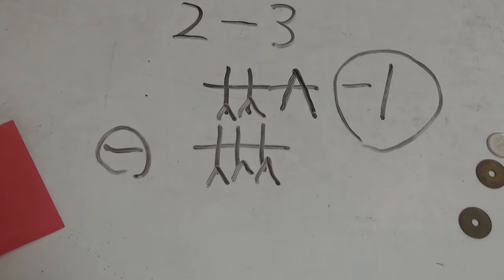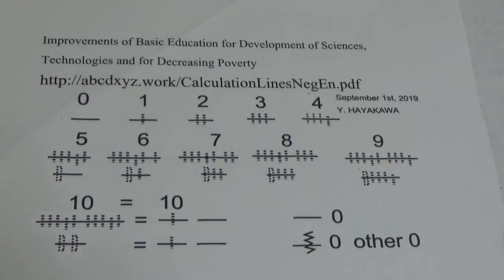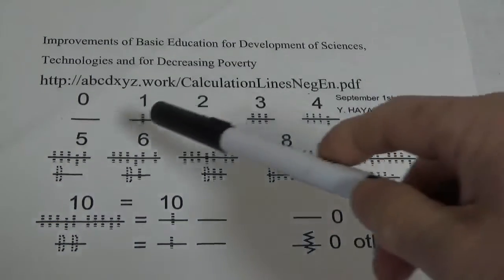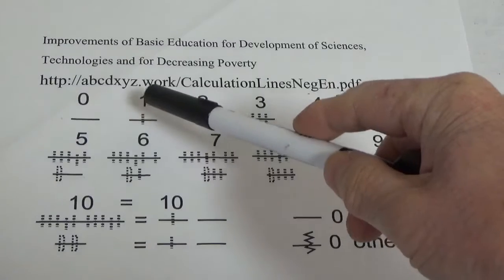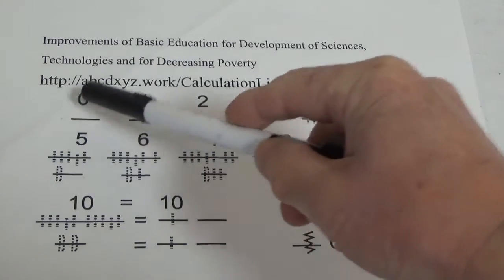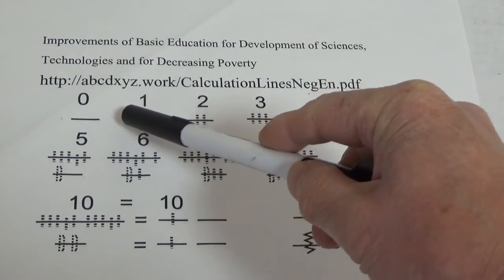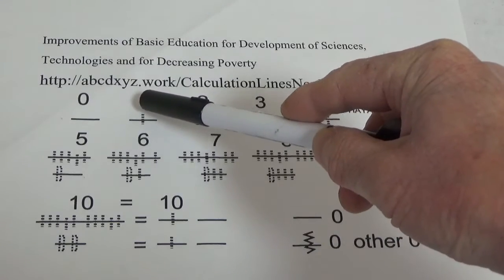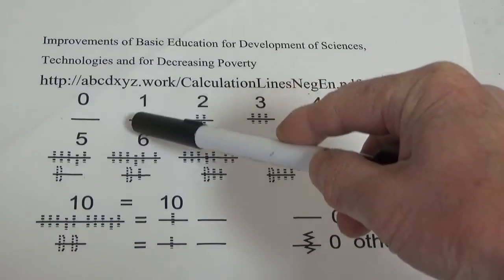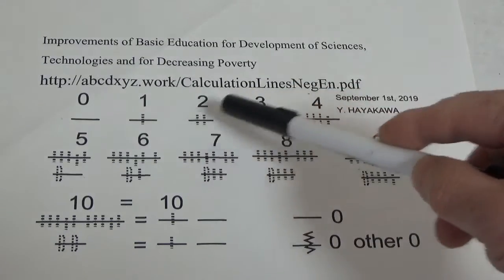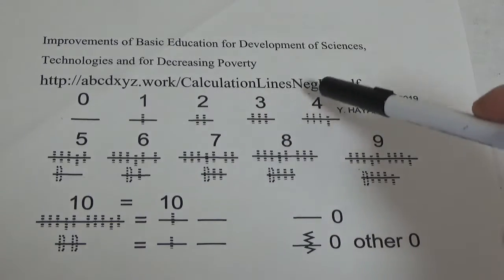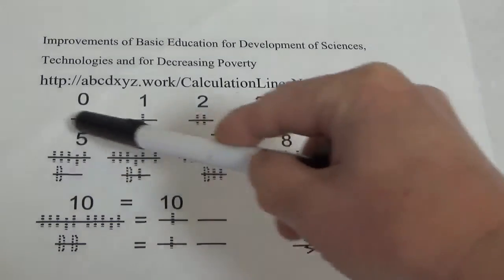So it is much easier to understand negative value. This is 0, written by a horizontal line and dotted line. Minus 1, minus 2, minus 3, minus 4, minus 5.